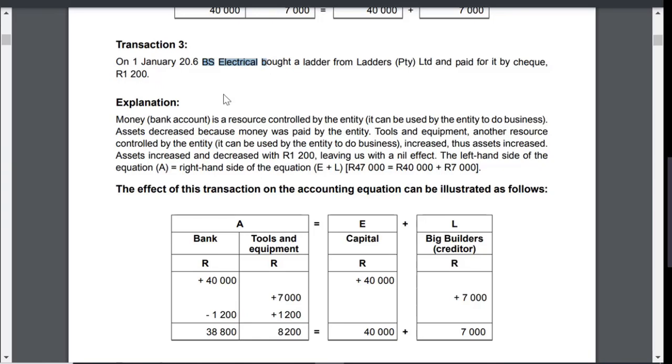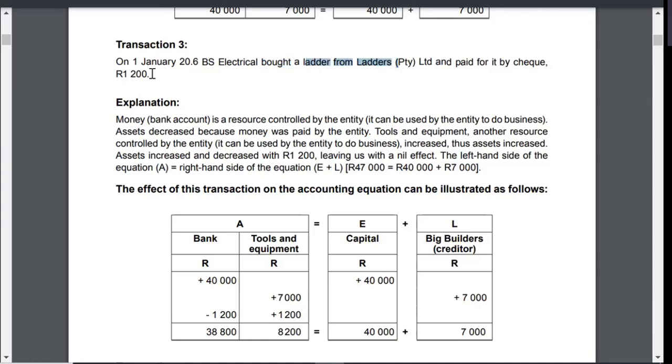The ladder is increasing the assets. Yes. And what about the check payment? The check payment made would decrease the assets by 1,200. Yes. So in this transaction, the ladder that is bought is increasing the assets.